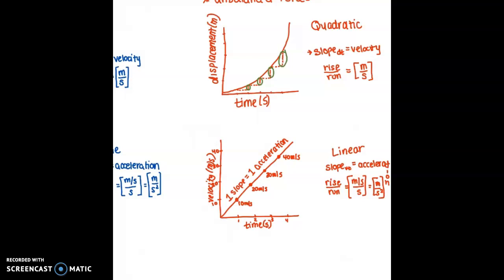We're seeing a changing velocity. Now, if you look at how the velocity is changing, that's where we get back to acceleration. The velocity is changing by the same amount each time. That's showing us the constant acceleration.